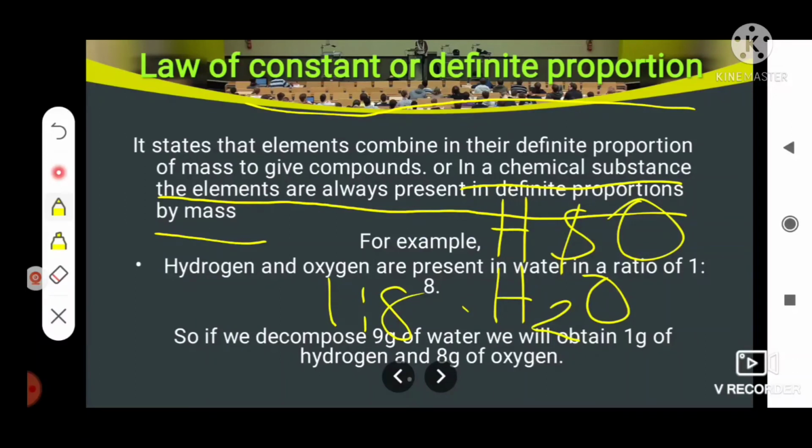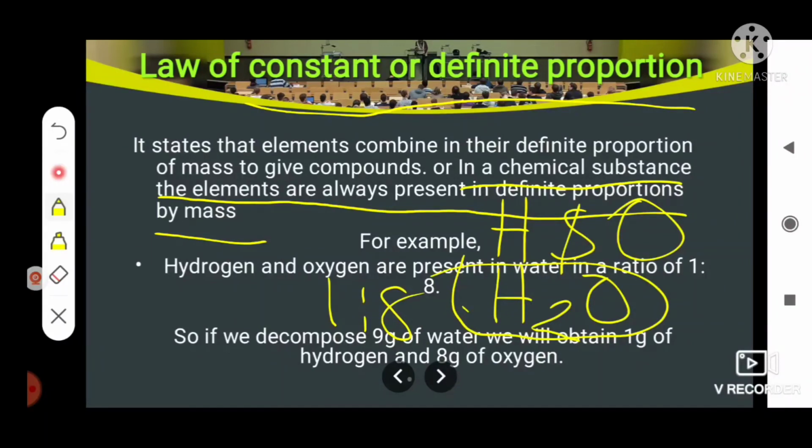For example, whatever be the source from which it is obtained, a pure chemical compound is always made up of the same elements in the same mass percentage. For example, water.